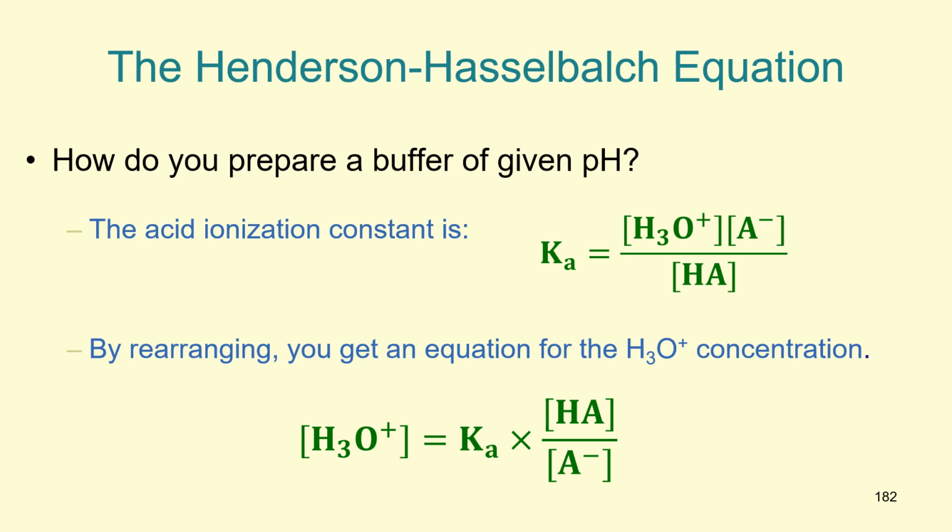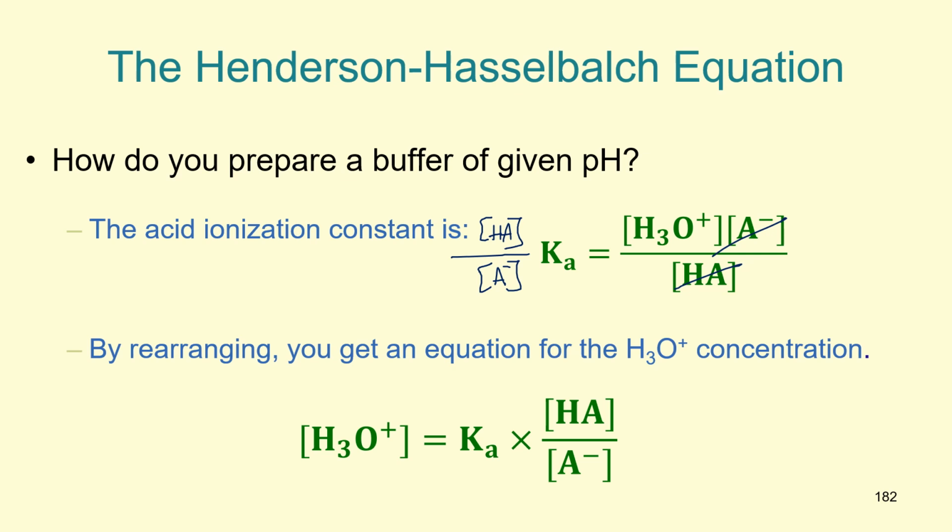I multiplied both sides by HA, so that canceled, and then divided by A minus. And so what we have is H3O equals Ka times HA over A minus.